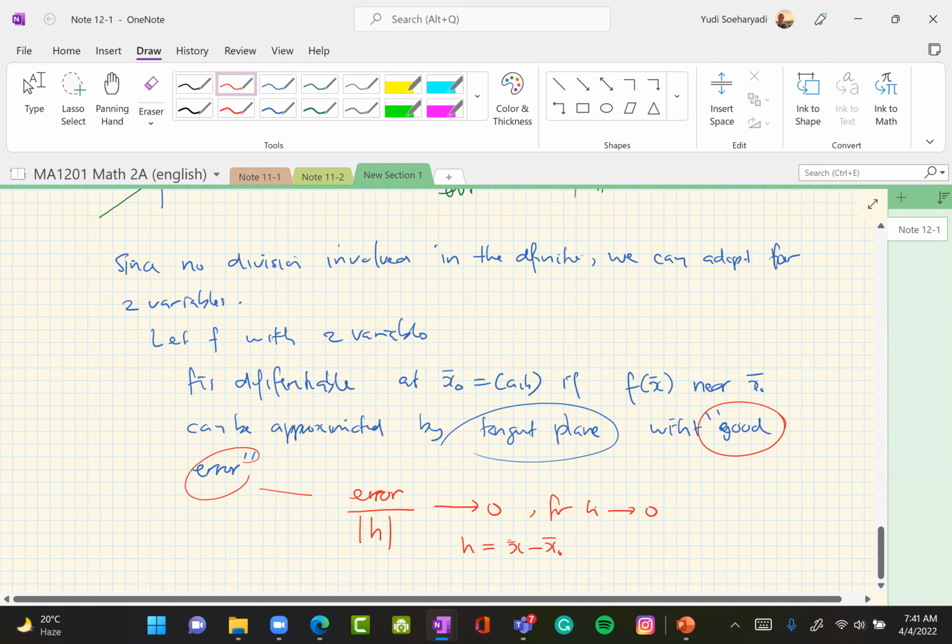So this is actually a limit of two variables. So the thing is how we can find out a tangent plane. Okay, all right, any questions up to now?